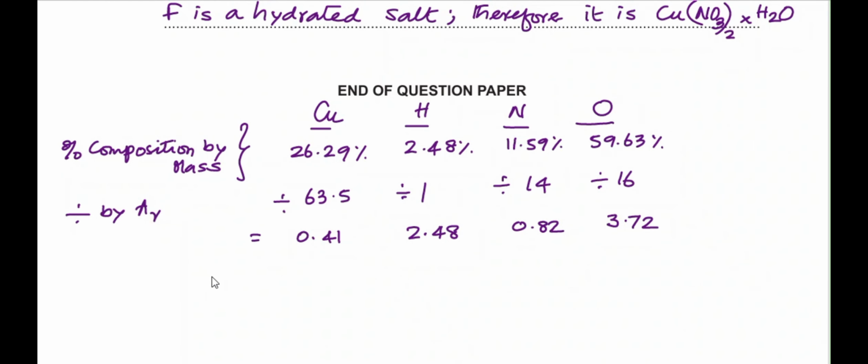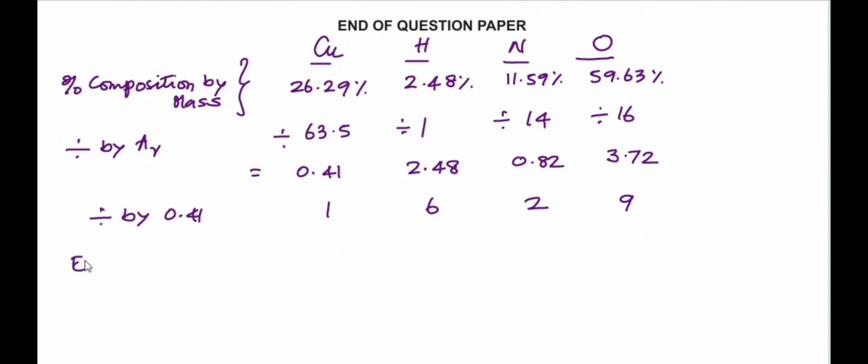Okay, now in order to find the simplest ratio here, divide by 0.41. That gives us copper 1, hydrogen 6, nitrogen 2 and oxygen 9. Therefore, empirical formula of the compound is CuH6N2O9.